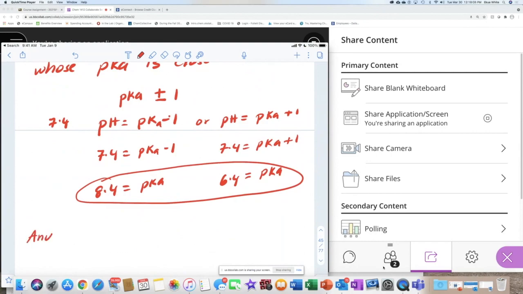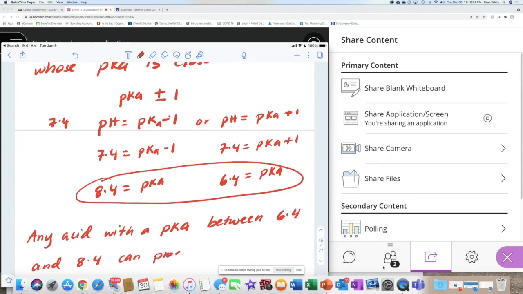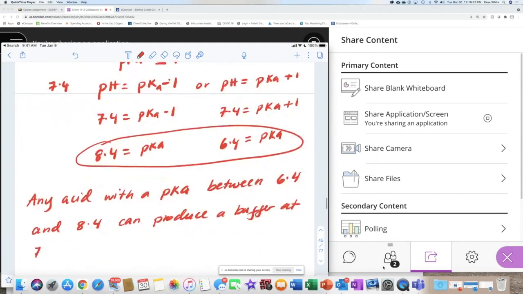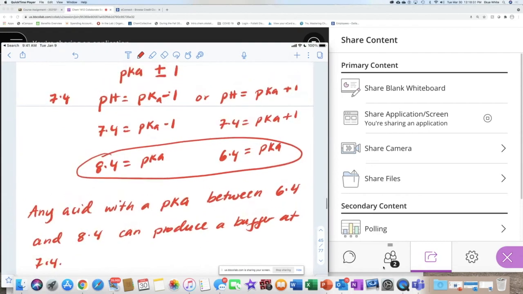So any acid with a pKa between 6.4 and 8.4 can produce a buffer at 7.4. So you see how I worked it out? Okay, it's just telling you.